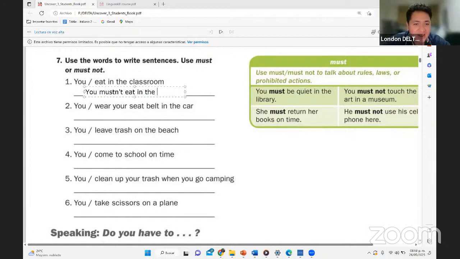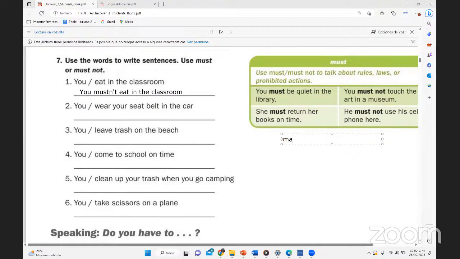Muy bien. Aquí la recomendación de pronunciación es que no digan la T, no pronuncien la T del "must". Otra cosa que habrán notado es que no digo "must", digo "mas". De hecho, es "mas", un poco como SZ, ¿no?